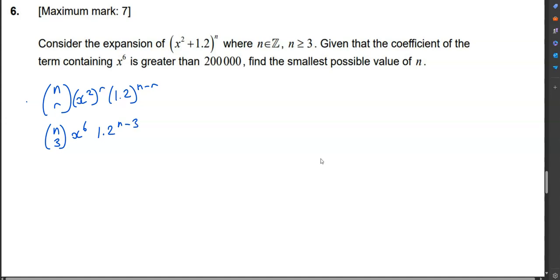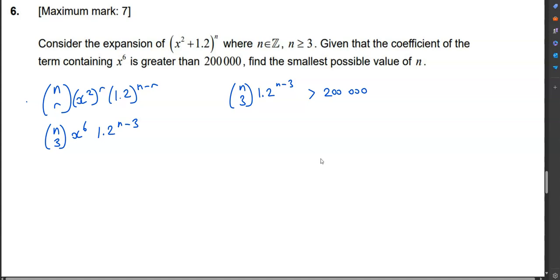So the coefficient of this term is n choose 3, 1.2 to the n minus 3, and we know that that needs to be greater than 200,000. Now, the n choose 3, we could probably bash that if we had to.